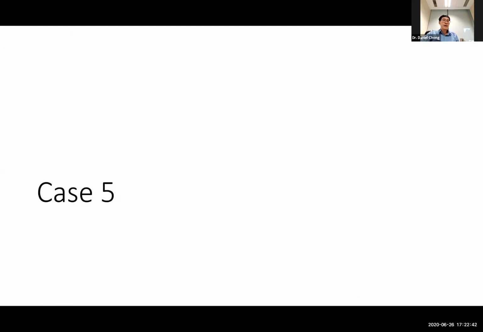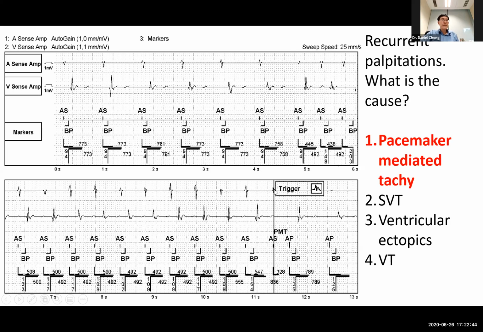All right. Okay, so how will we prevent an episode like this? One way would be to program a longer post-ventricular atrial refractory period so that this particular beat would fall into the PVARP and therefore would not be tracked.